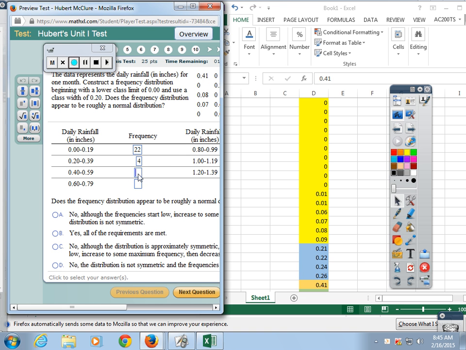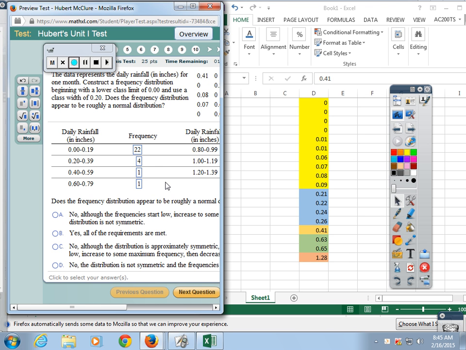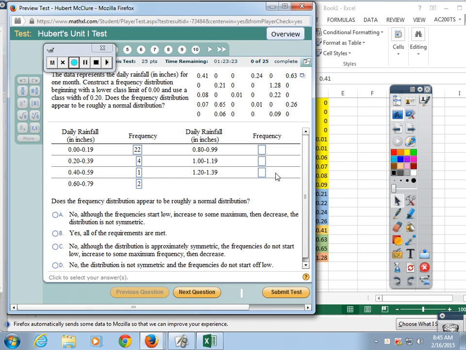Yellow is 1. Green's 2. And the last one is 1. And these 2 are zeros.